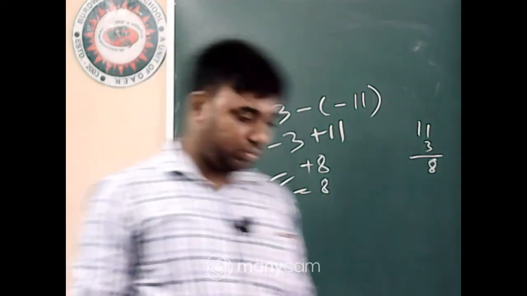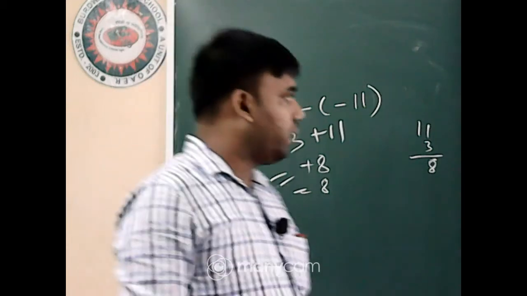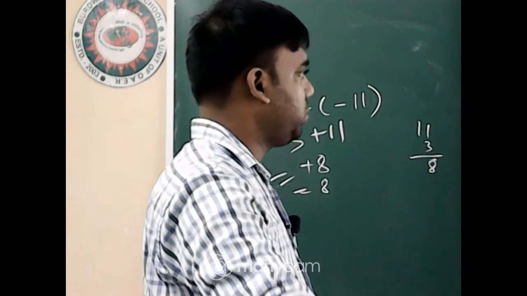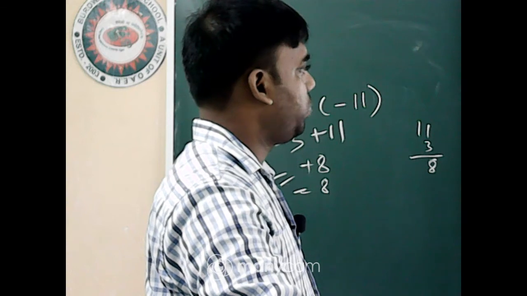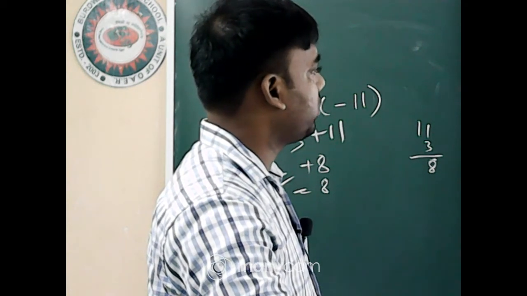Okay, some of you are still doing -8. Tori, Sishendu, what is the problem? Why are you doing it wrong?